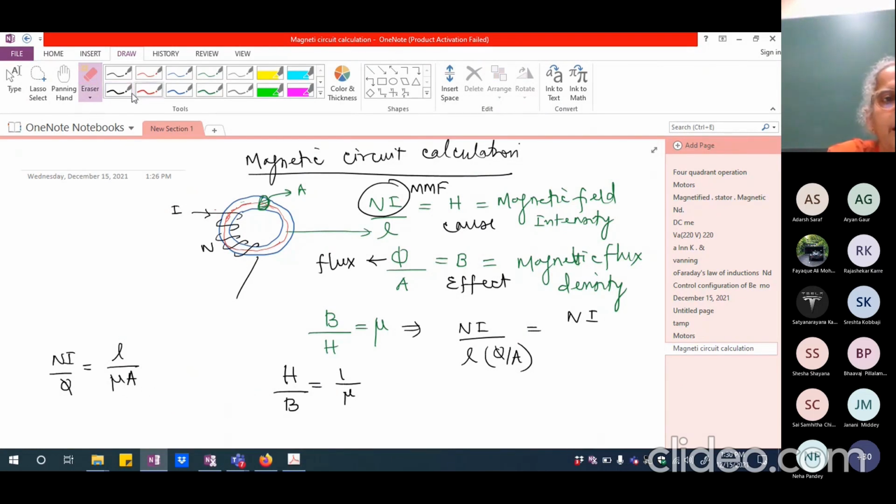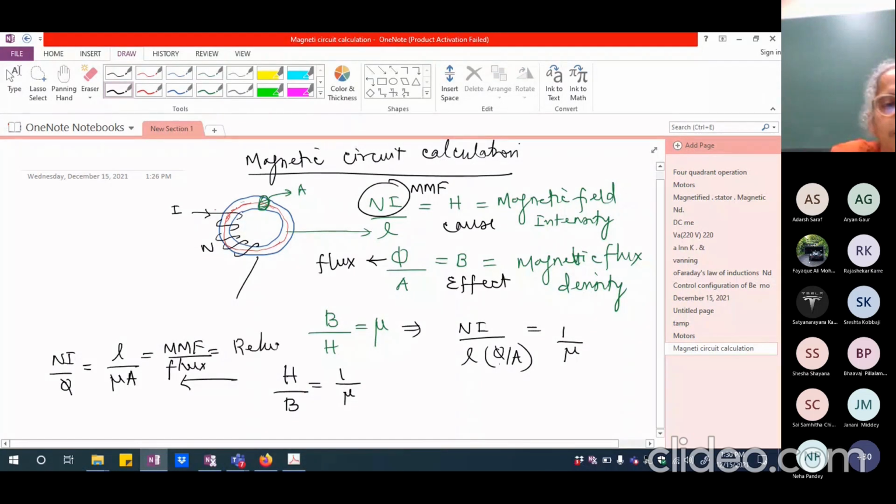So Ni by L is H and phi by A is B, and I had used this to write H by B as 1 by mu. I have just taken Ni by phi on one side, and L I have taken to the other side, so L divided by mu A. So this is essentially MMF divided by phi, the flux. This is going to be called reluctance.